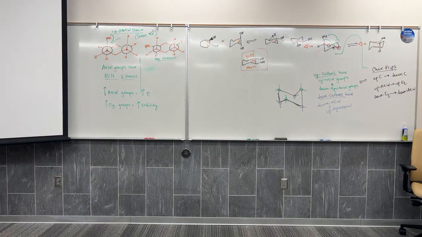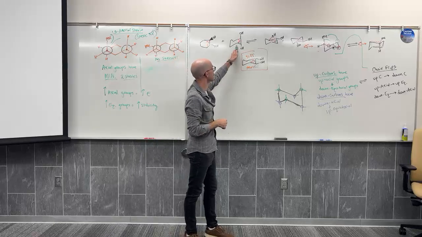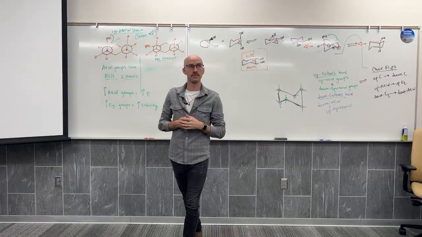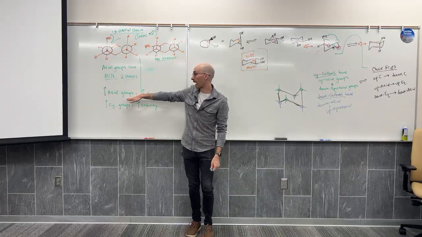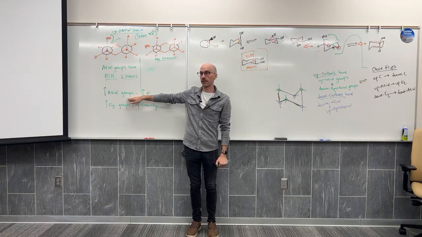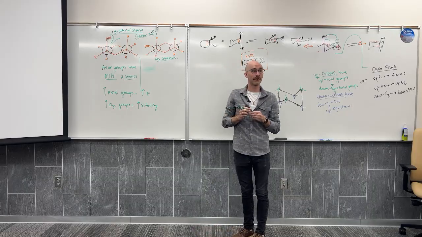Figure out which one is a more stable structure, which one is a more energetic structure. Actually, let's do that for this one first. Which of these is a higher energy chair conformation? Why? Both are axial. Exactly. The more axial groups, the higher the energy. Okay. You guys have like 7 minutes.